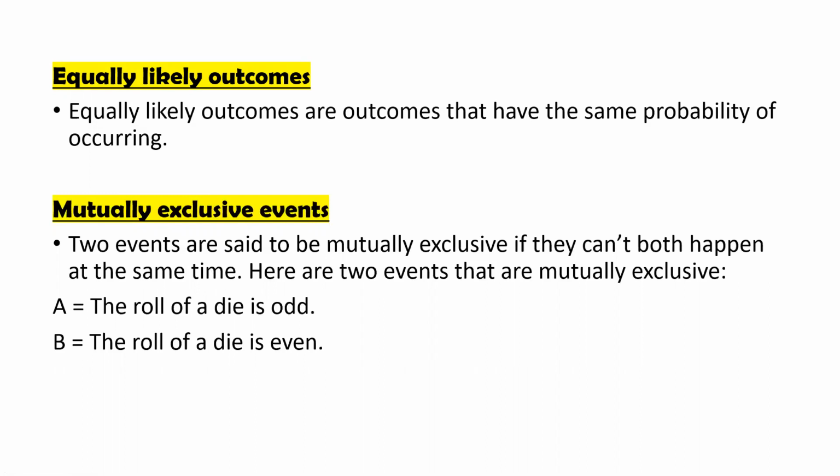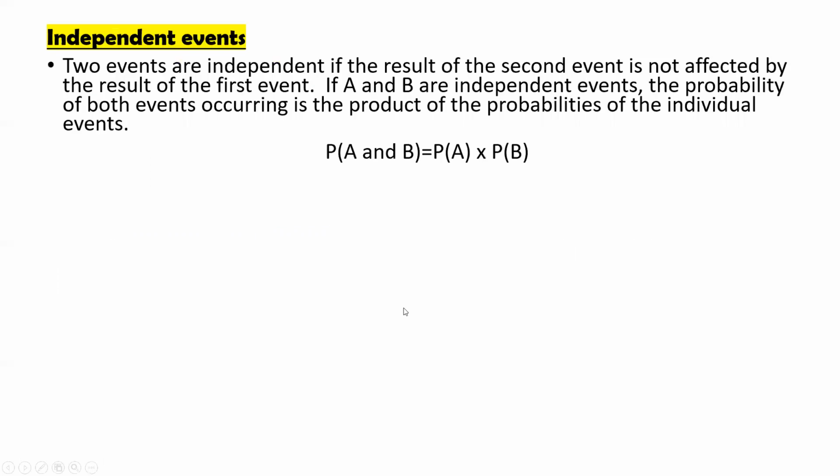We only need either tail or head. So that is called mutually exclusive. That means when you get head, you cannot get tail. When you get tail, you cannot get head. That is called mutually exclusive events. Or you can roll a die, and when you roll a die, you get odd and even. They cannot happen at the same time. Right? All right. Okay.